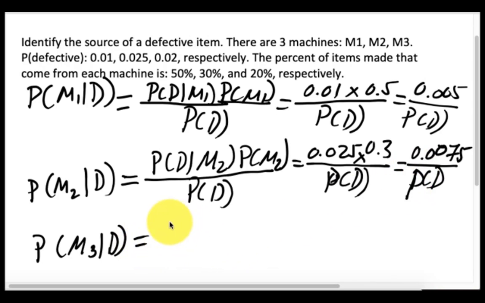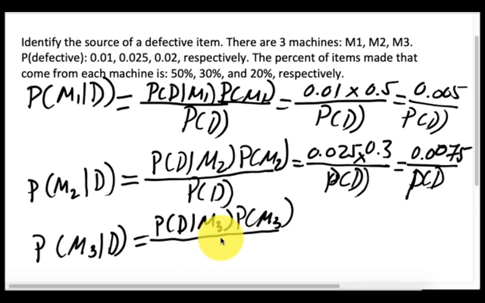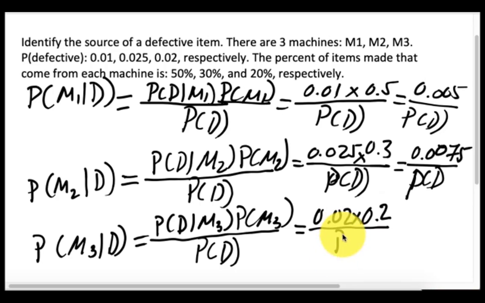And for the last one, you get the probability of D given M3 times the probability of M3 divided by the probability of D. And then you get 0.02 times 0.2 divided by the probability of D. And you get 0.004 divided by the probability of D.